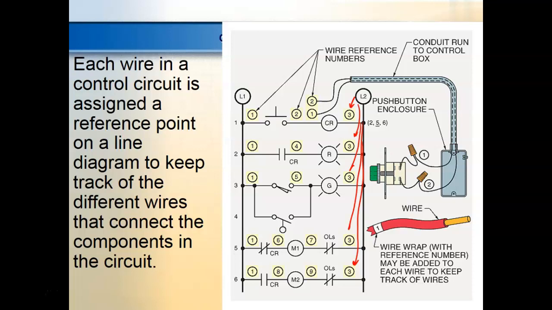1, 2, 3. So as soon as I identify L1, I'll number it. Why doesn't this one get another number? It's still L1. It's electrically the same. So this wire right here is still number what? It's still number 1. So 1, 2, 3. As soon as I identify L1, I'll just go down and number them. As soon as I identify L2, I'll number all these.